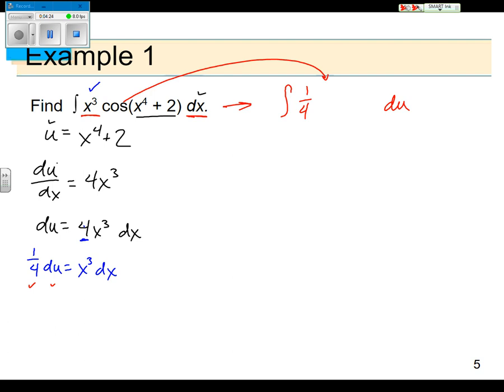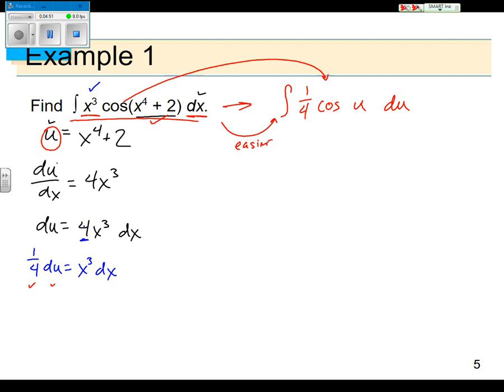I'm just going to bring it over. But instead of cosine of x to the 4th plus 2, remember that's what my u is equal to. So I've successfully changed my whole integral, which looked pretty messy in the original problem right here, into something that looks a lot easier.